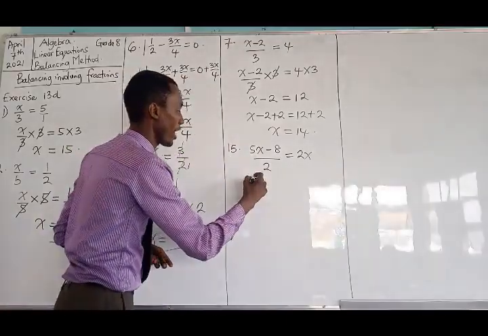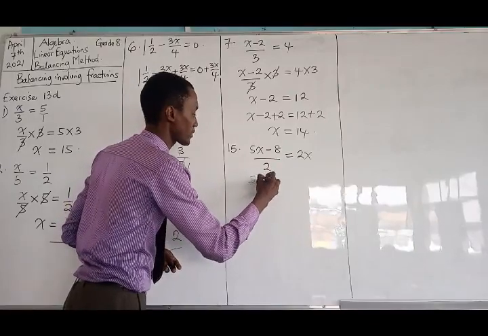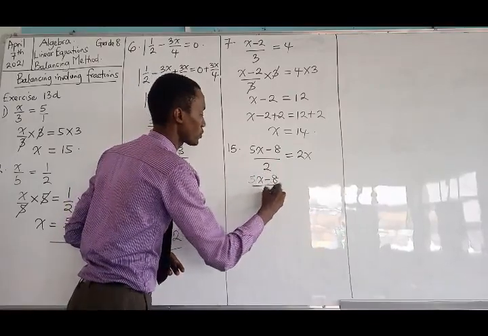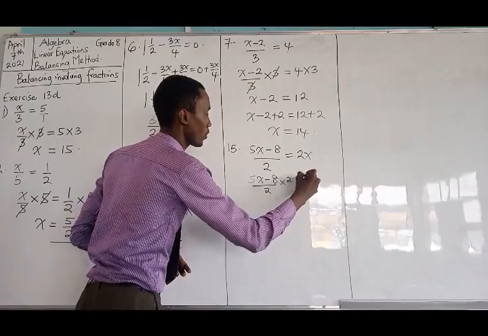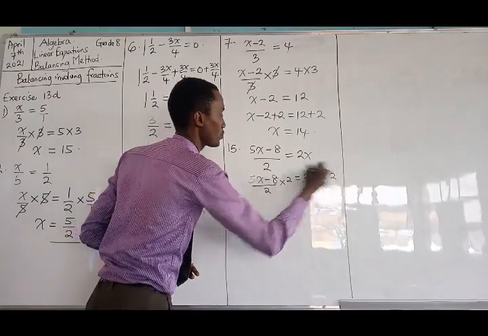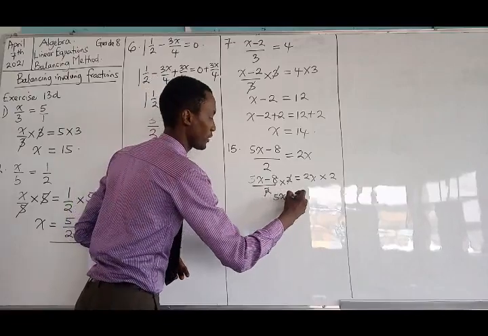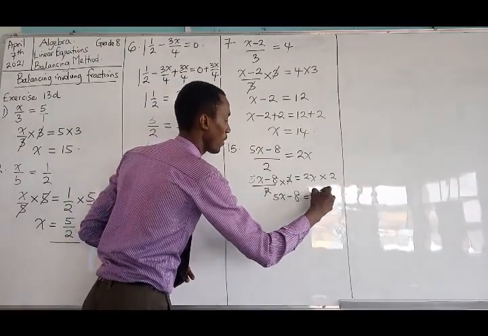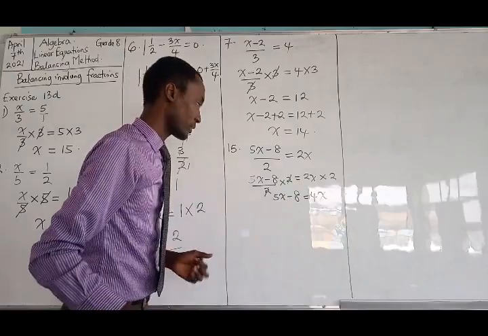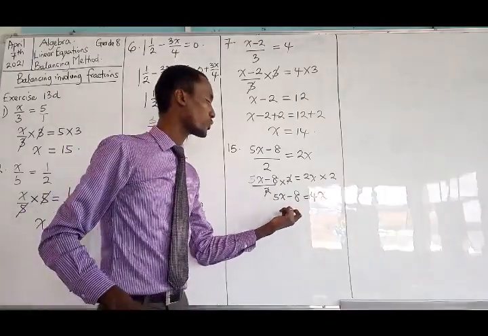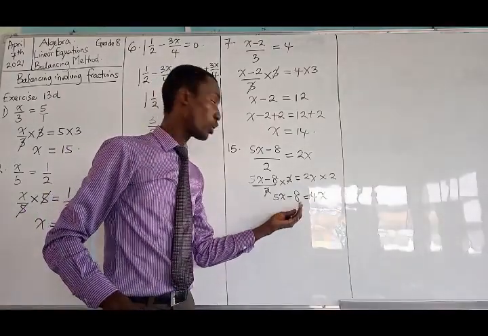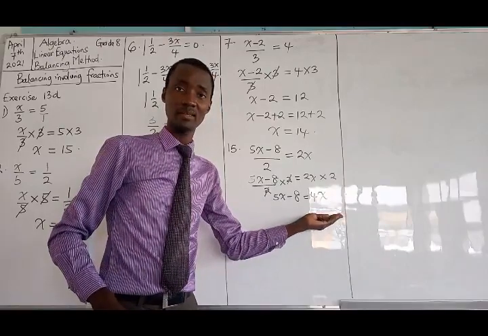Okay, so from here you're going to have 5x minus 8 over 2 times 2 equal to 2x times 2. So this will go with this and we'll be left with 5x minus 8 equal to 4x. Now remember that I want the unknown on the left hand side and I want the known, which are the numbers, on the right hand side.